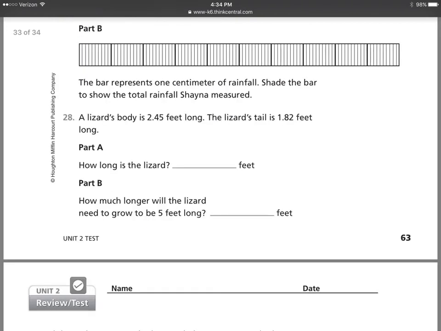So we're back here for part B. There's a giant fraction bar here, and it's telling you that this fraction bar represents 1 centimeter. Of course, it's a lot longer than 1 centimeter in real life even, but okay, so we're blowing it up, and it's supposed to equal 1 centimeter.